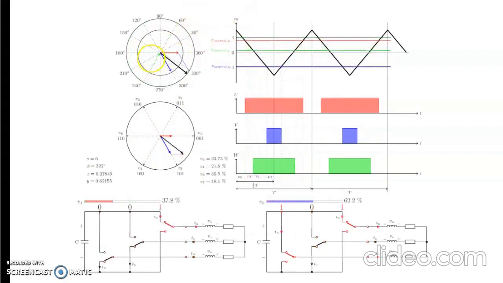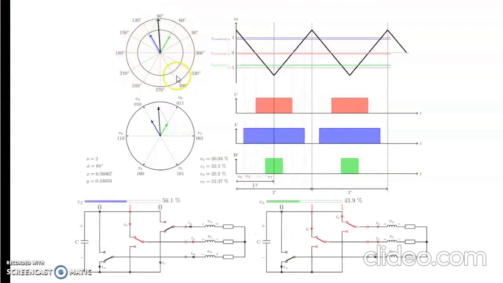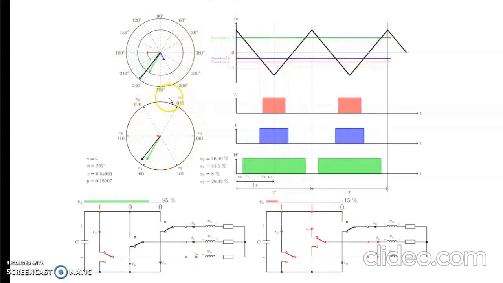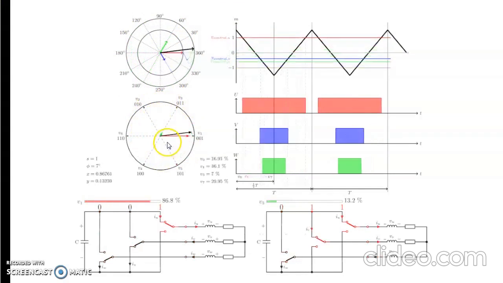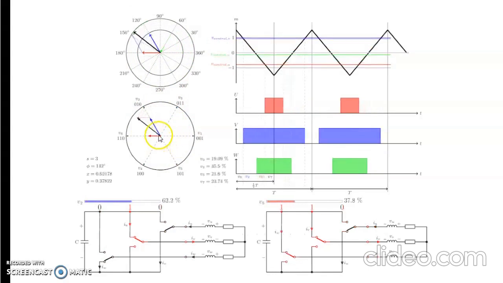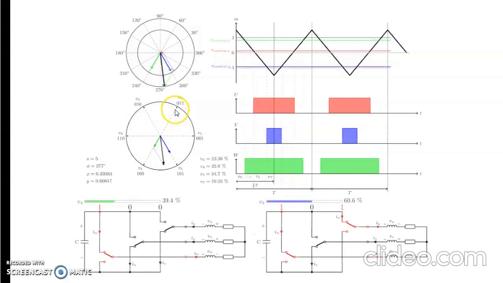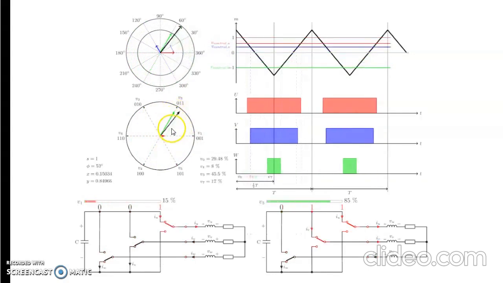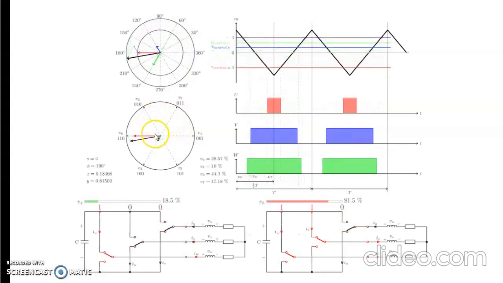Here you can see that this is the actual 3-phase system rotating through 360 degrees, and these are the 6 active switching vectors. You can see that there are 3 vectors here, and for each part of this 60 degrees, the resultant is this black vector.